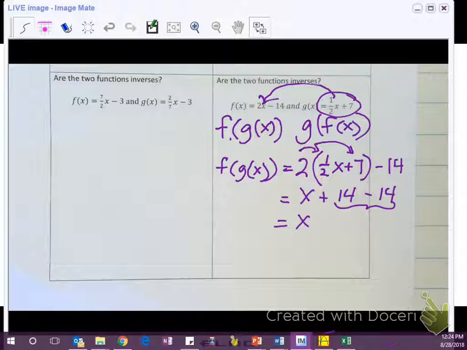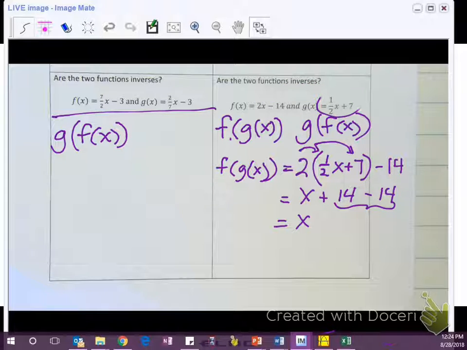Now, I'm writing very large so that you can read it, so I'm going to use the other side of the paper over here to do the rest of this. Now I need to do g compose f. So I'm going to take the function f, and this time, I'm going to stick the function f inside the function g.